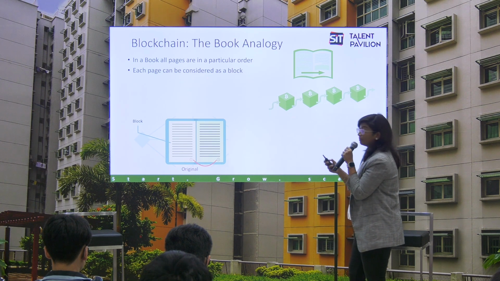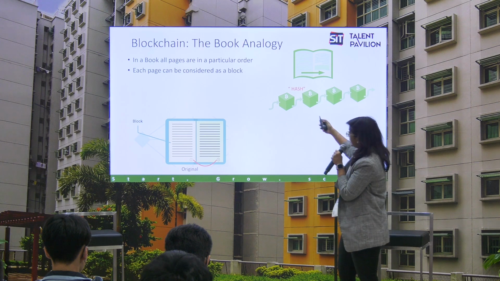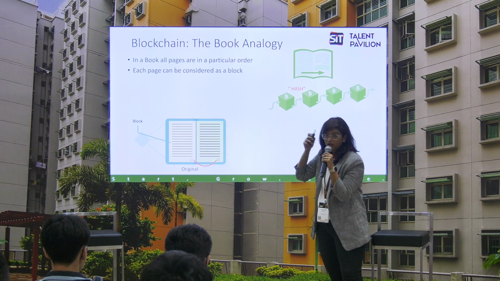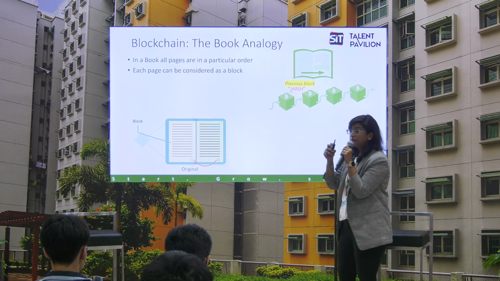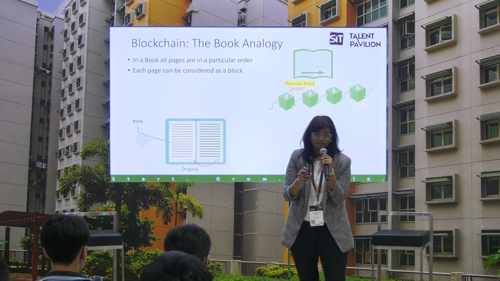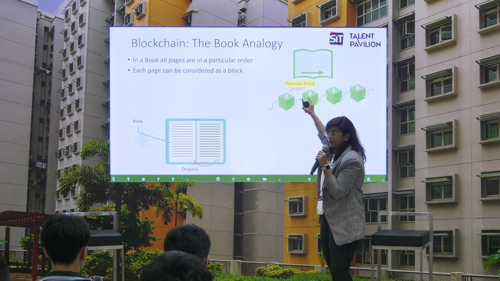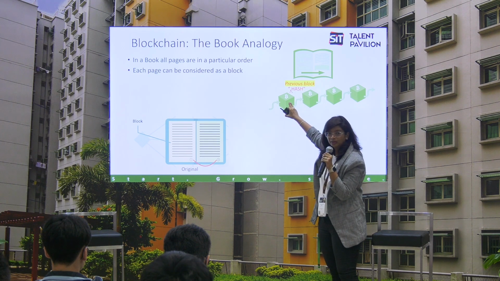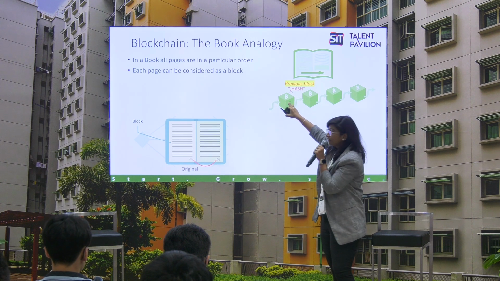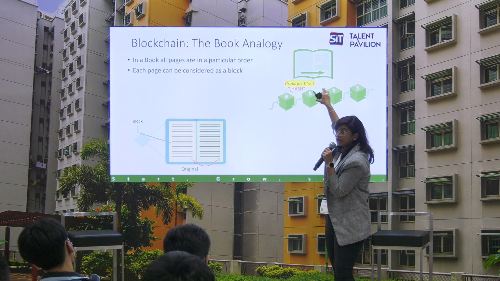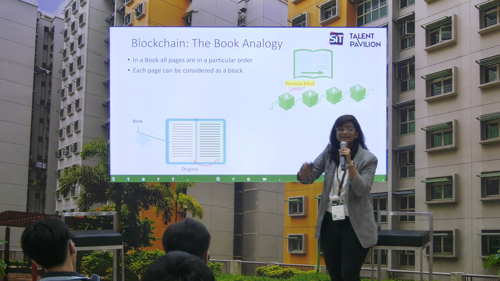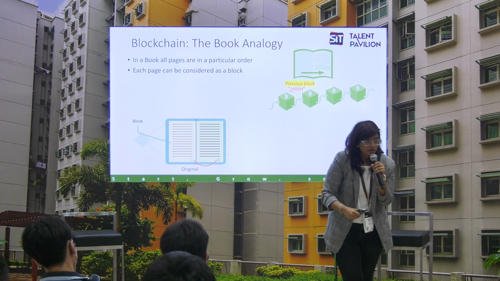So what are page numbers in a blockchain? They are also known as hash. More specifically, they are known as previous block hash. Okay? So each block, for example, block 2, has the previous hash of block 1. And block 3 stores the hash of block 2. What is this hash? The hash is a signature of a block.